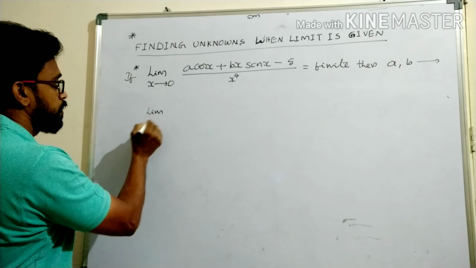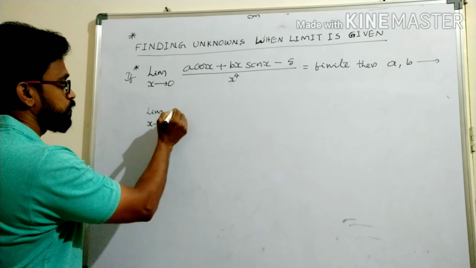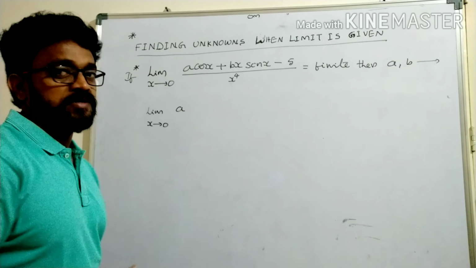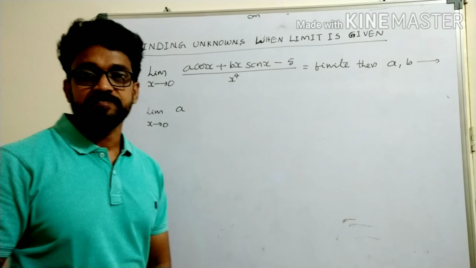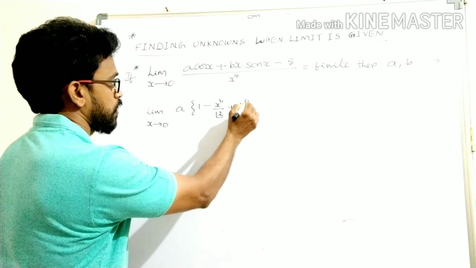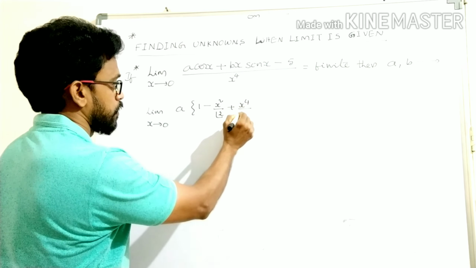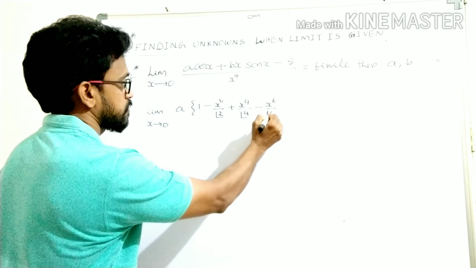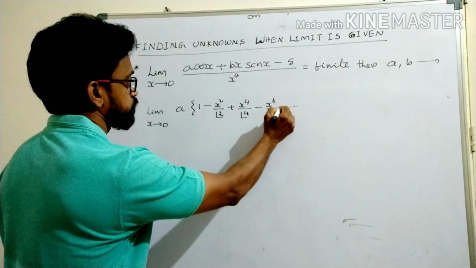Limit as x tends to 0 of a into, what about cos x? You should write now your cos x series: 1 minus x square by factorial 2 plus x power 4 by factorial 4 minus x power 6 by factorial 6 and so on.